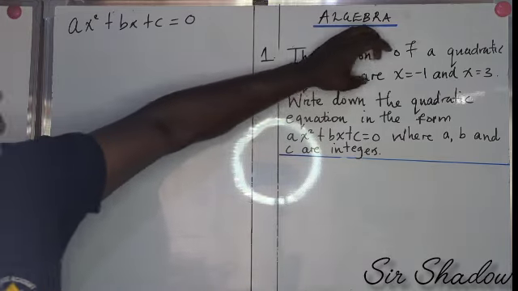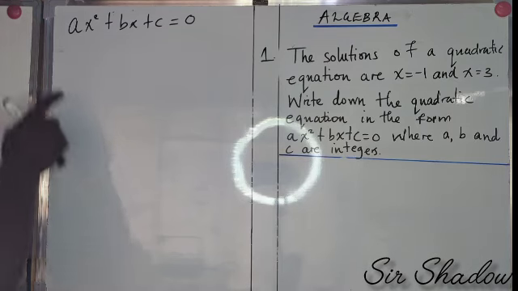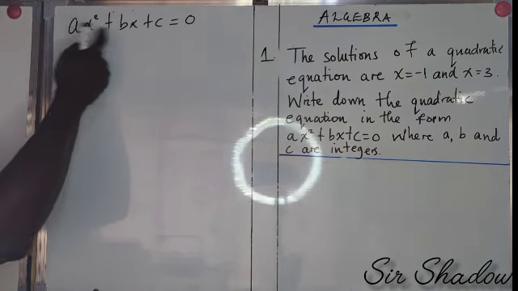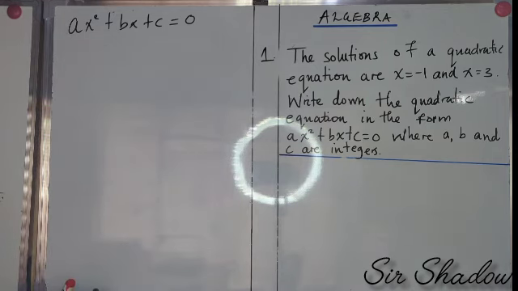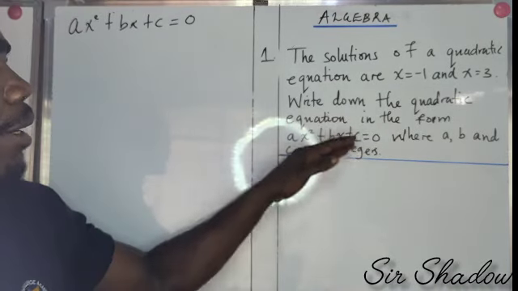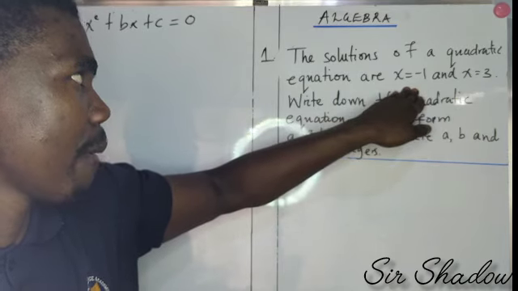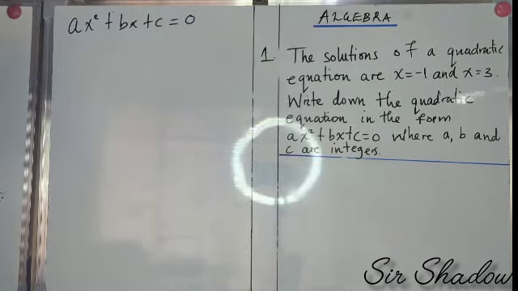We are given the solutions for such a quadratic, where a, b, and c are integers or constants. There is a hidden quadratic equation which is not given, but the solutions of such a quadratic equation are x equals -1 and x equals 3.